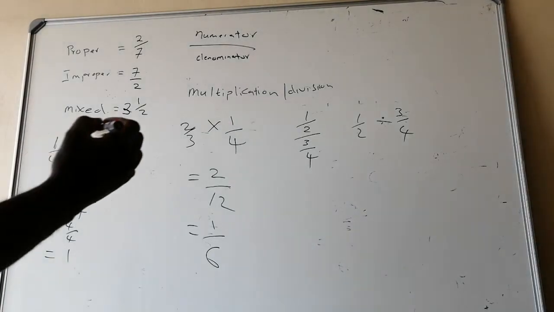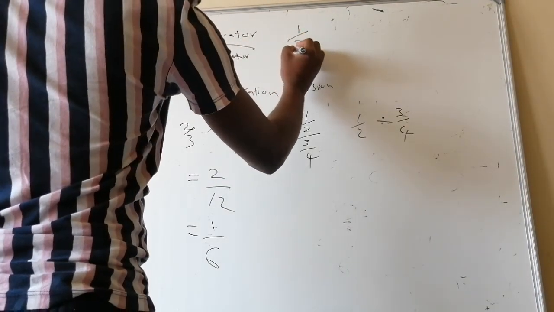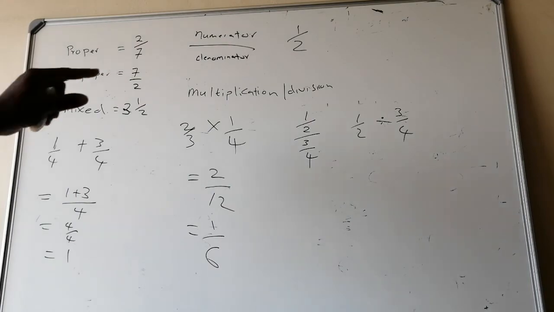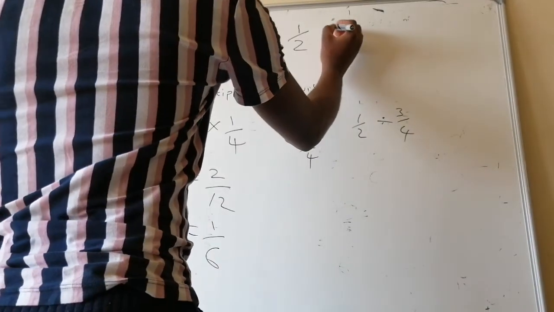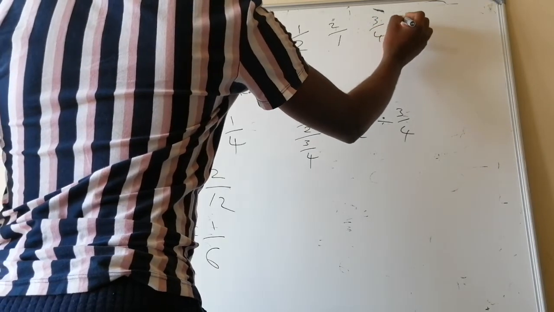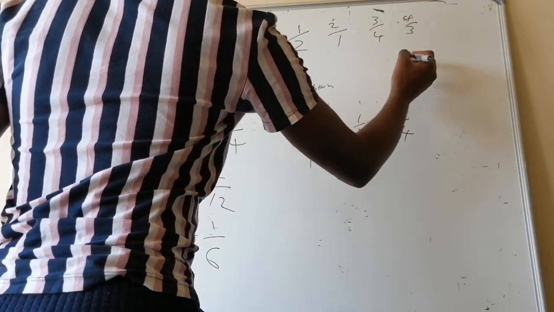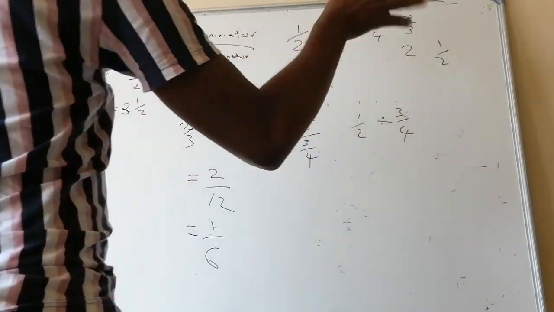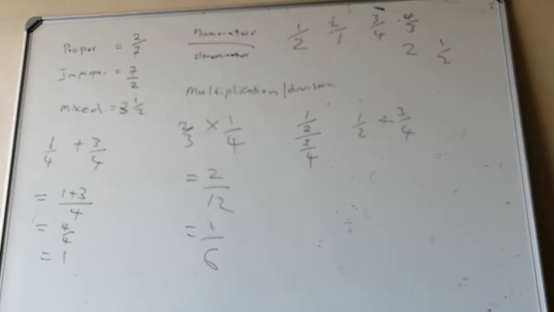You simply invert that particular fraction. The reciprocal of half is 2 over 1. The reciprocal of 3 over 4 is 4 over 3. The reciprocal of 2 is 1 over 2. So you need to know how to find the reciprocal.